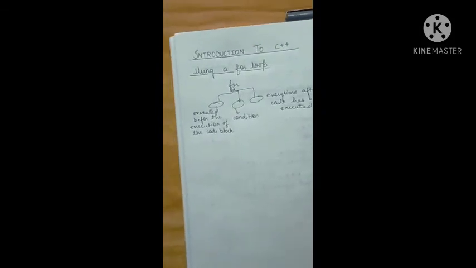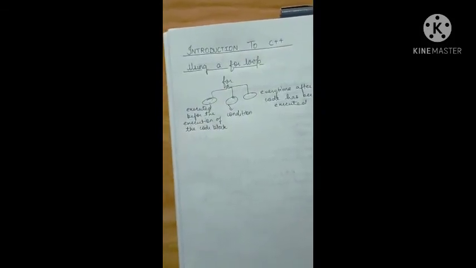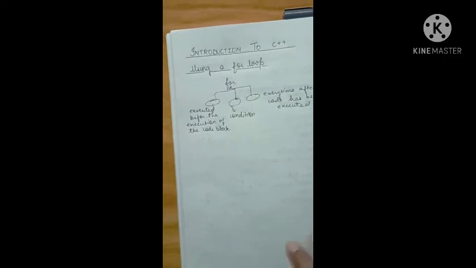So I am going to write a program to print a table of a number using a for loop.